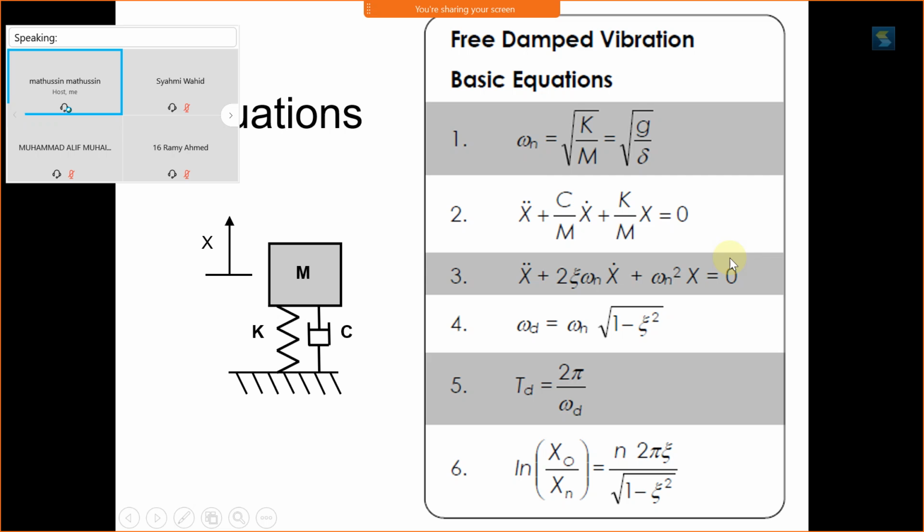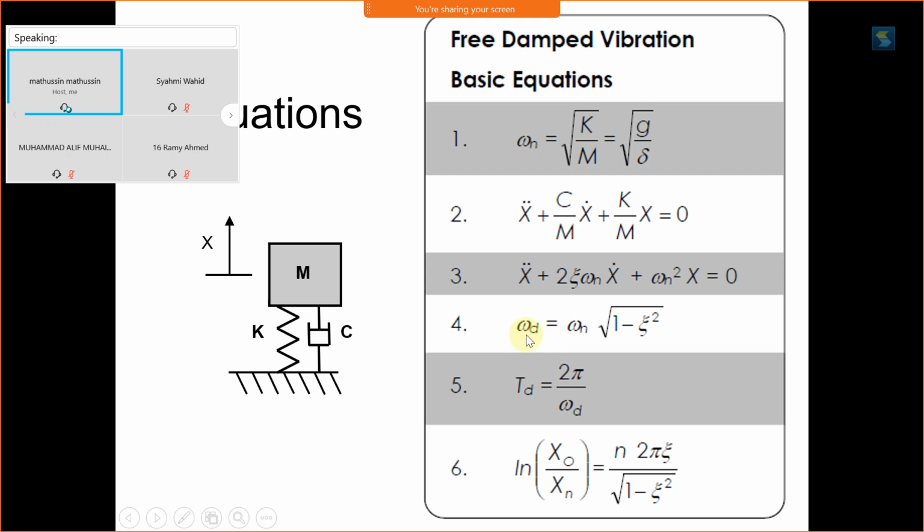Alright, number 2 is about the equation of the damping system. Also this one in terms of satu lagi equation in terms of natural frequency dan juga zeta dekat sini. And then omega D, what is omega D?